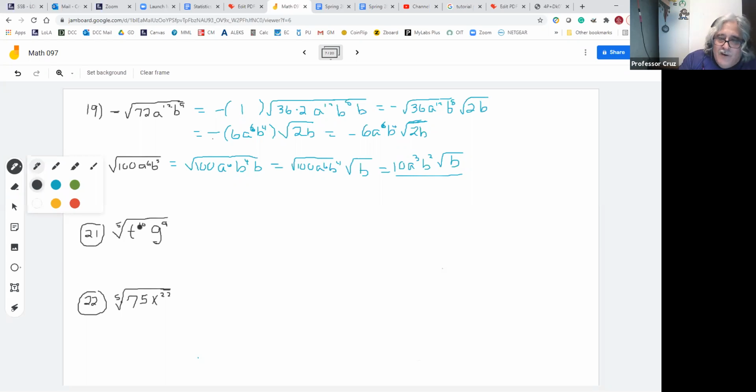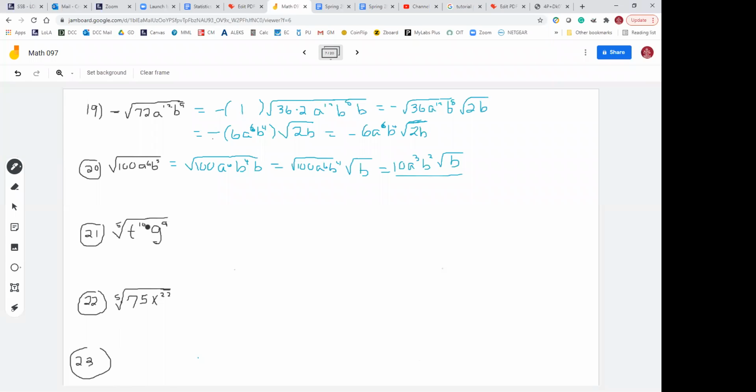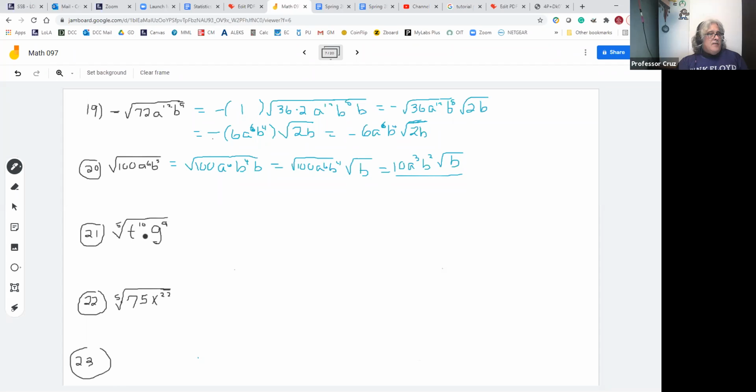So you just divide the 5 into each one, take it out, however many times it comes out to the front. Anything that doesn't come out stays in. It's a remainder. Is that a 9? Like G to the ninth? Yeah, G to the 9, T to the... these are those crazy math problems. I have to use other variables.